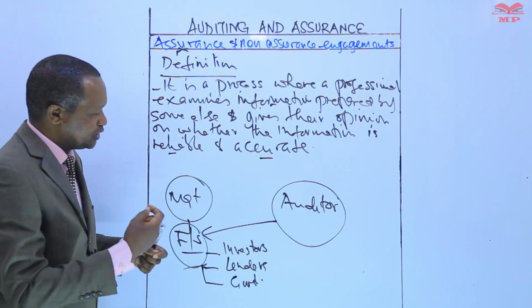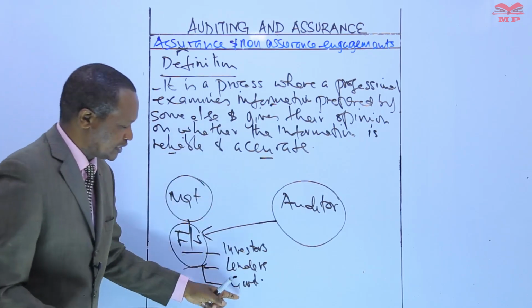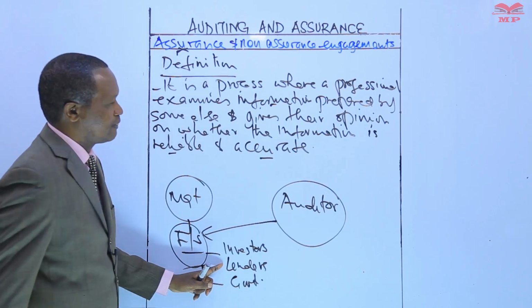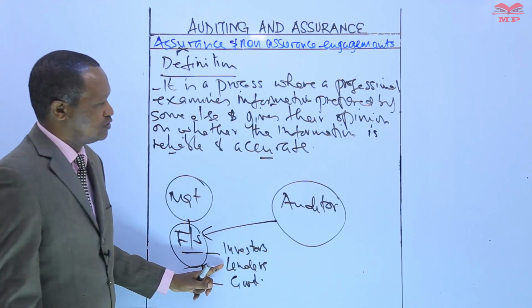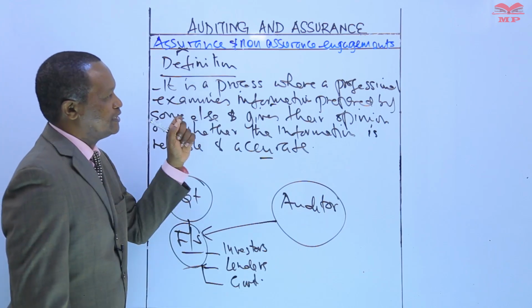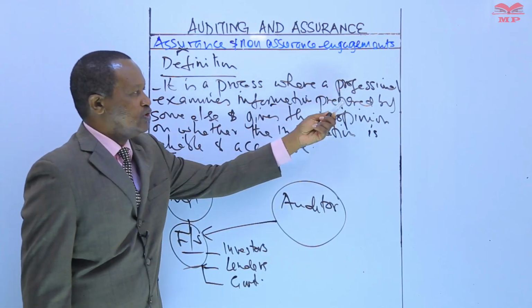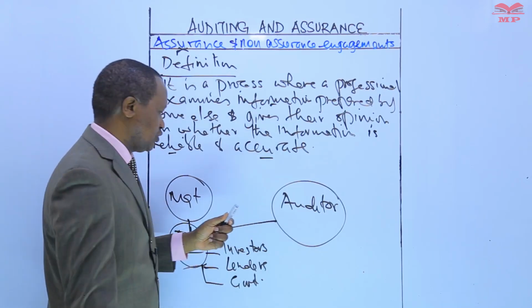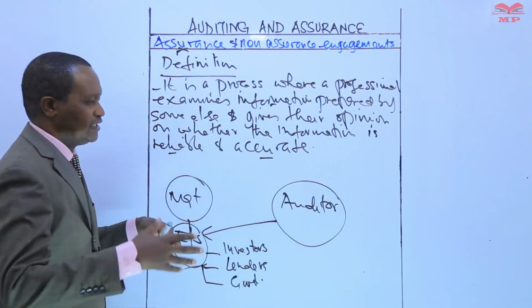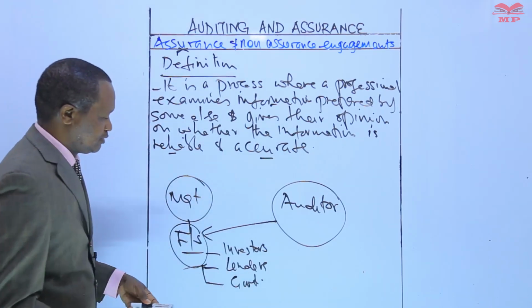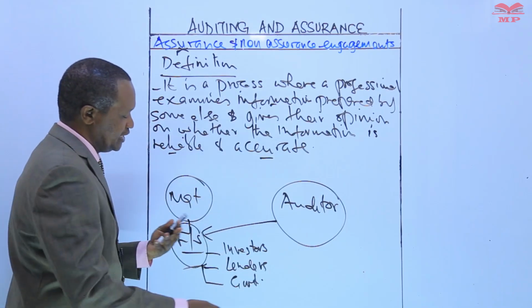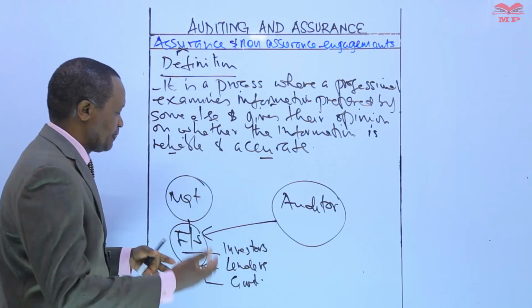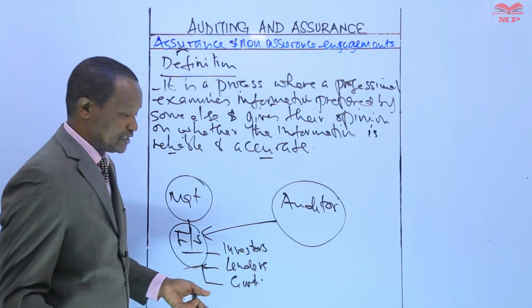Reliable means, can that information be relied upon by the users? So these users can only trust the opinion of an independent person who is a professional who examines these records based on a certain criteria, international standards on auditing and any other standards like the international financial reporting standards, because financial statements are prepared in line with international financial reporting standards, international accounting standards, and generally accepted accounting standards.